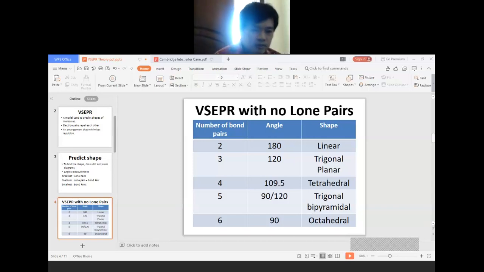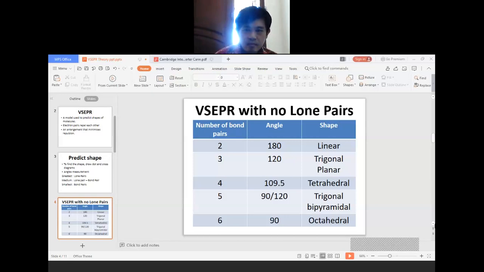With three bond pairs, the shape is trigonal planar, and the angle is 120. This angle we are not able to measure using a protractor. It is already definite, so we have to learn it by heart, in other words memorize it.